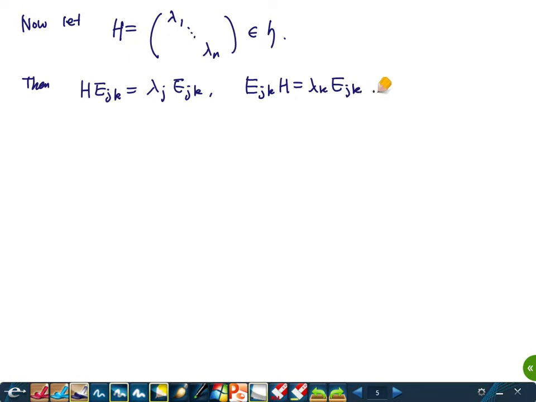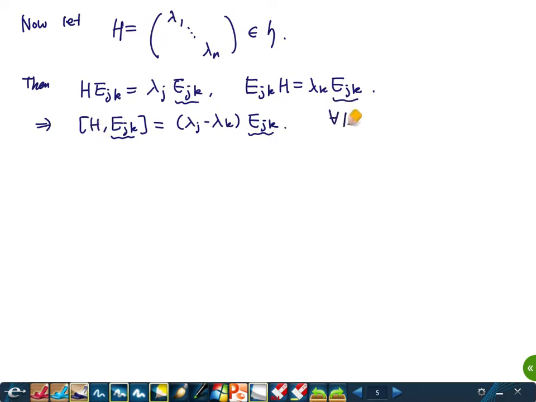Just a simple computation. And because of this, the bracket of H and E_JK is this minus this, right? But these matrices are the same. So it's equal to lambda_J minus lambda_K times E_JK. That means this is the root vector, a simultaneous eigenvector for this operator, for all H, where H is in that form.